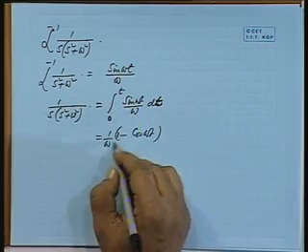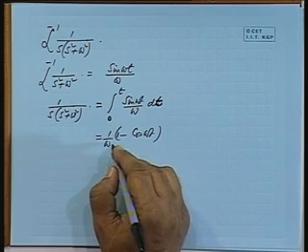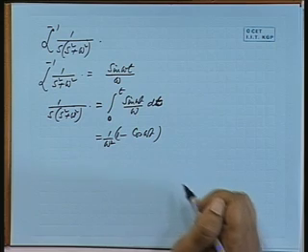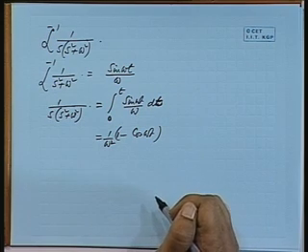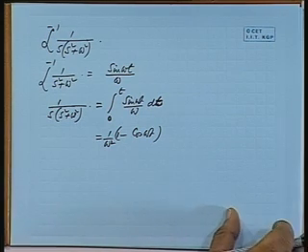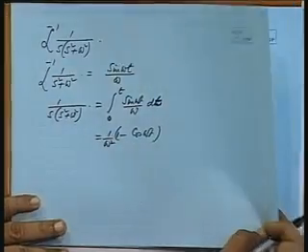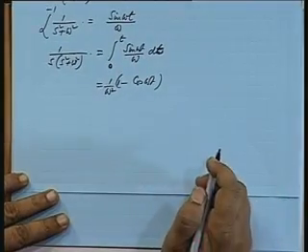There is another omega, so while integrating you will get omega squared, so 1 by omega squared times (1 minus cos omega t). Is that okay? One may do it by partial fractions.